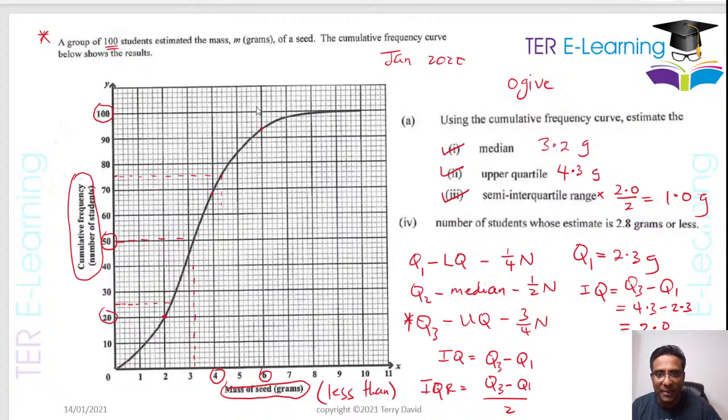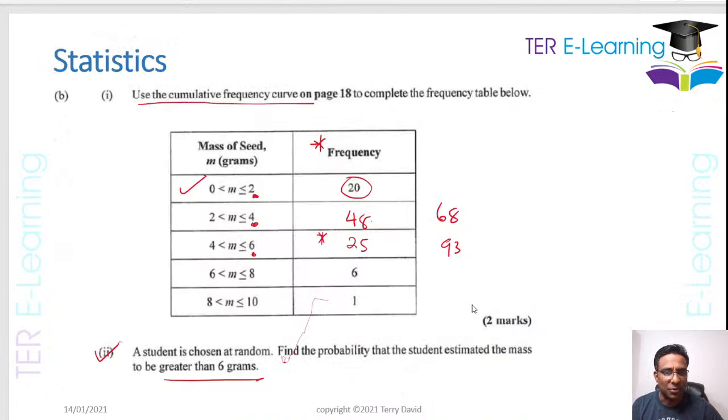That's 6 grams here, and that's one of the measurements we took just now. Mass less than 6 grams, from the graph, I'm getting 93 students.